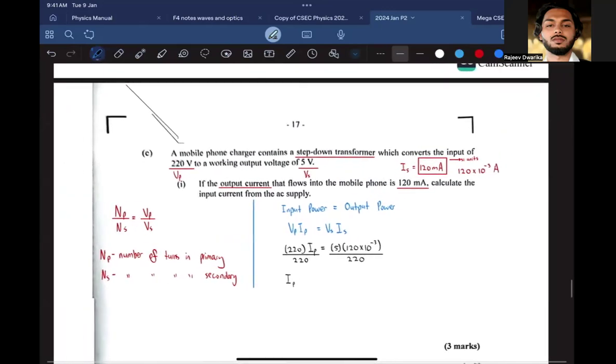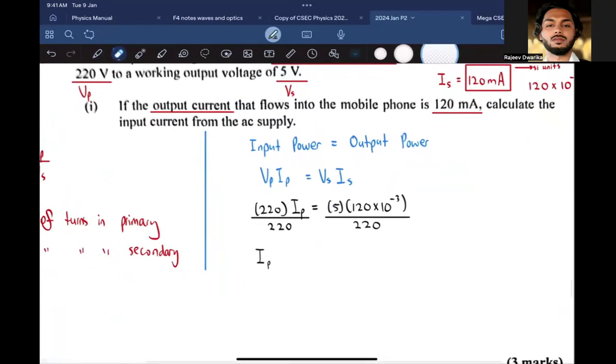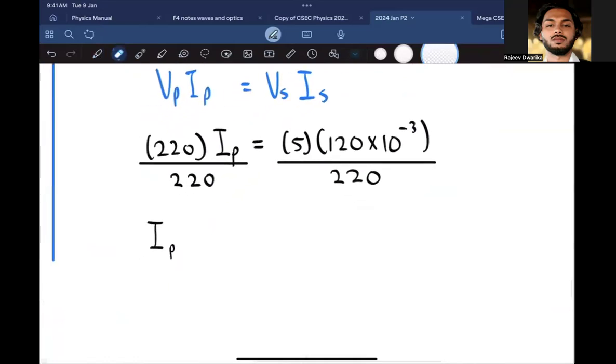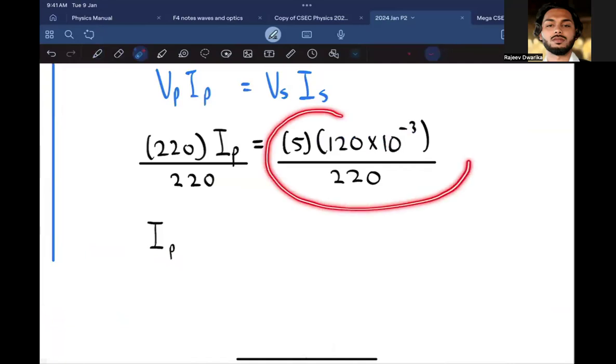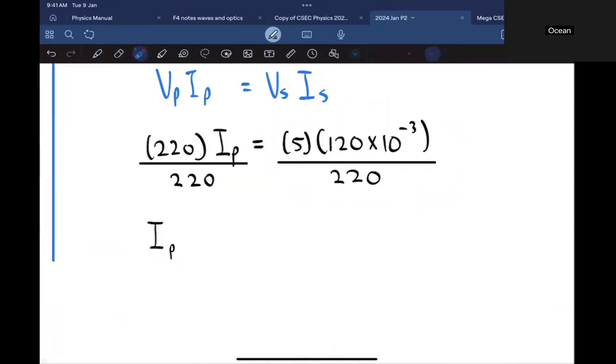What's going on, guys? Ocean, are you having trouble plugging this into the calculator? No, sir. I got 600. No, not wrong. Show me where you plug into the calculator. Send me a picture on the group chat.